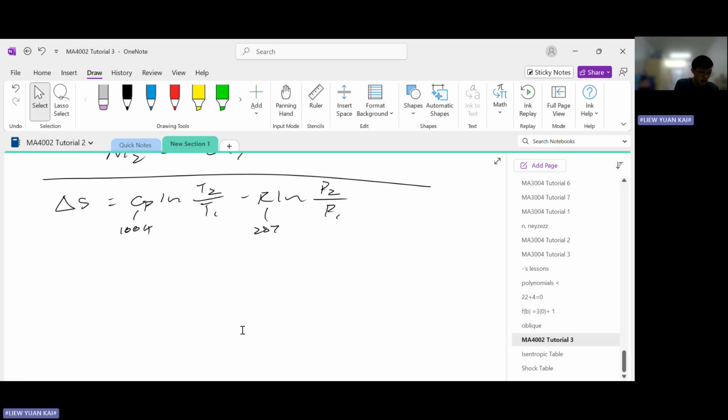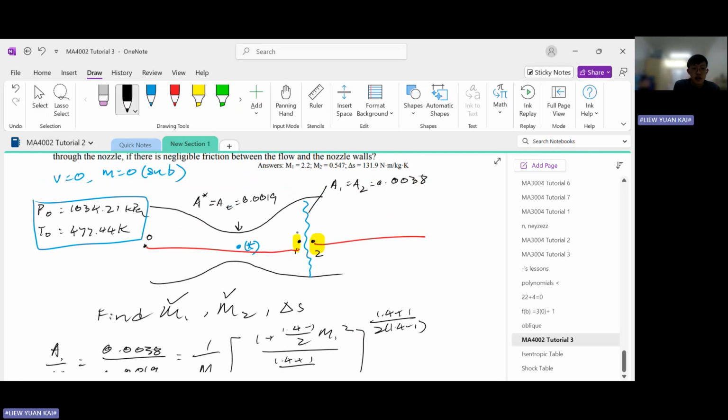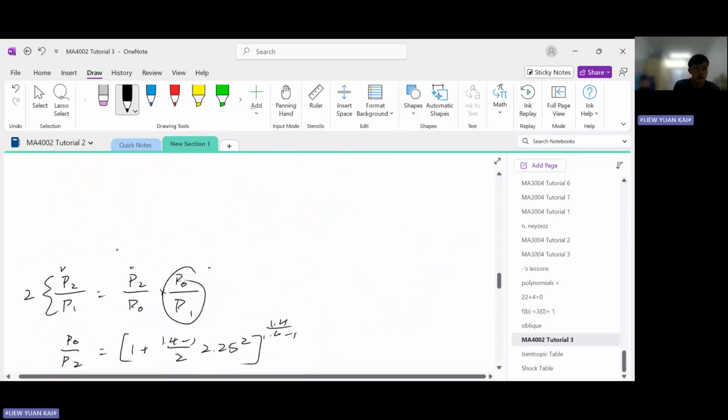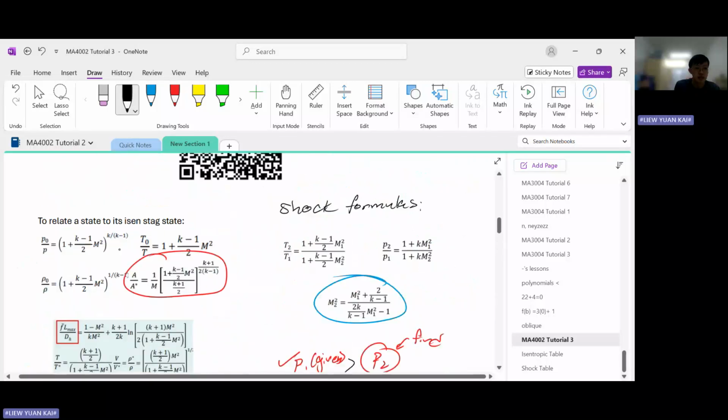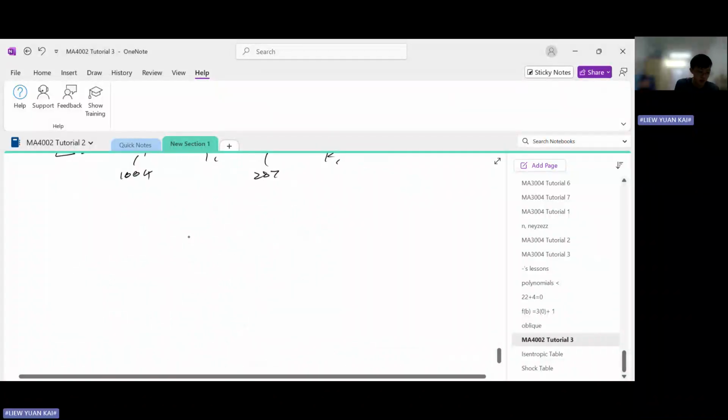Okay, so how do we find the temperatures? Well, T1 can be found using the isentropic flow functions, right? Because 0 and 1 are connected by an isentropic flow. So therefore, we can use the isentropic flow function. I'm talking about the temperature ratio. So this one. Okay, so let's go ahead and do that. I'm going to do this very quickly because we are familiar with isentropic flow.